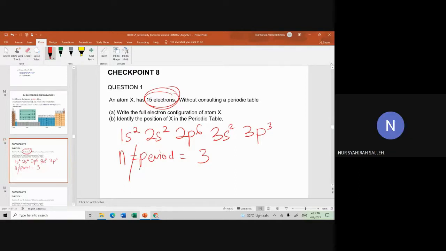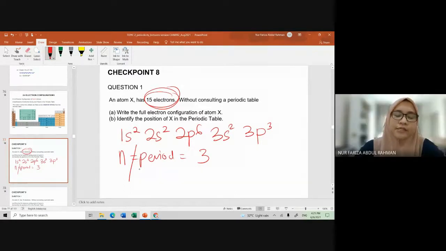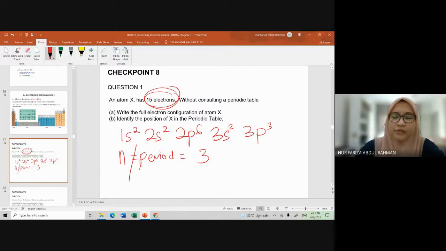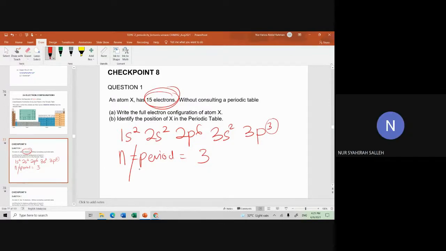The group is 13. Okay, and then how do you know so? From 3p3. The valence electrons, so we have 3 electrons there. Okay, so does the group come from group 13 or 15? 13.